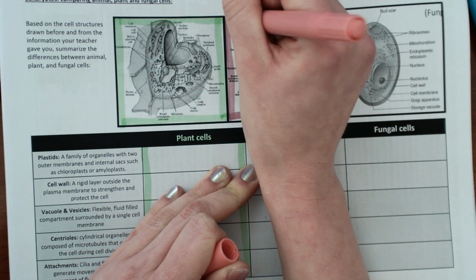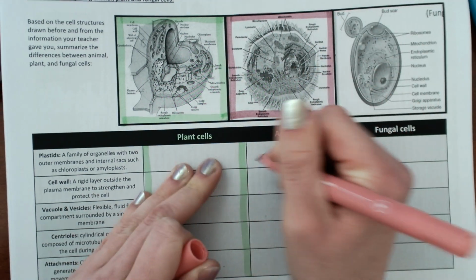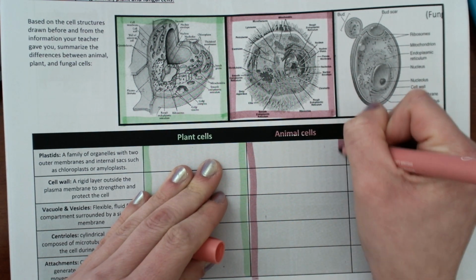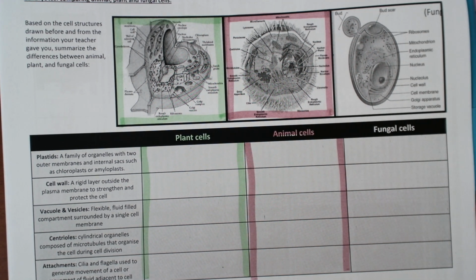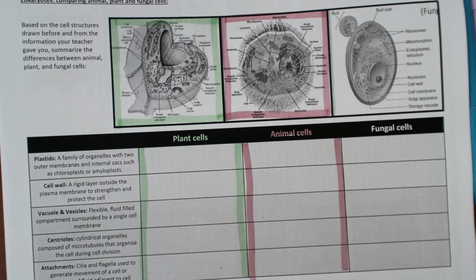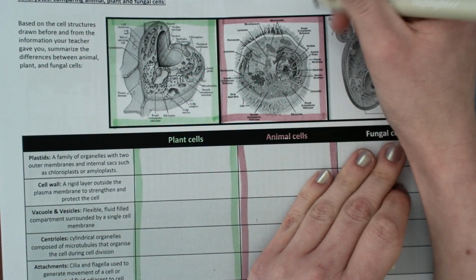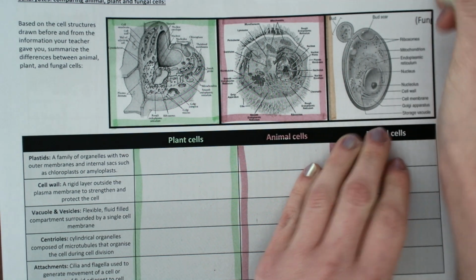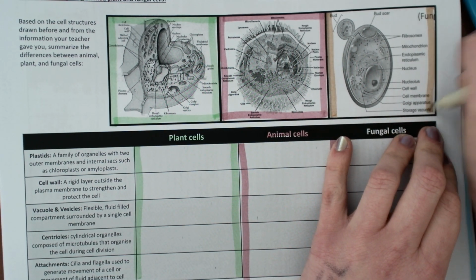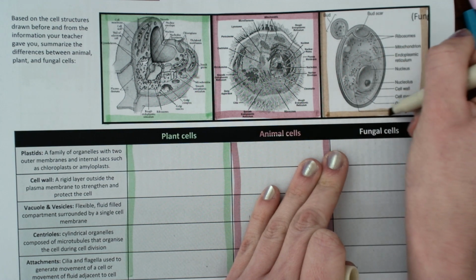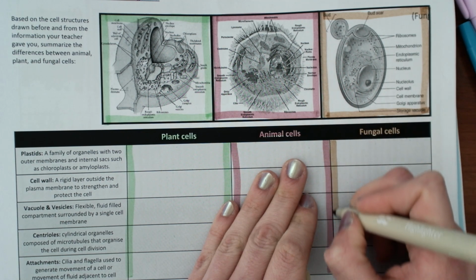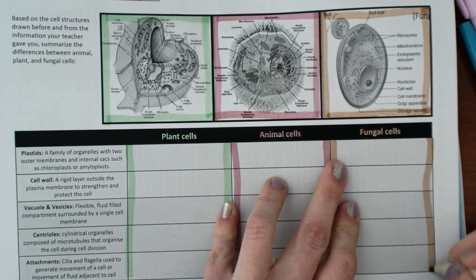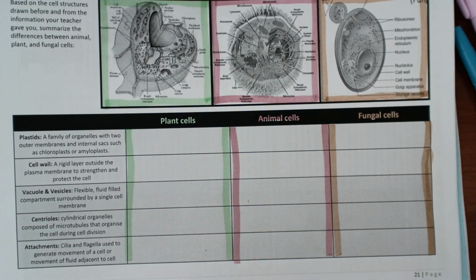And then fungal cell. I don't know what color a fungal cell should be. They'll be brown. They're giving brown vibes, like a mushroom. Beautiful. Wonderful. Alrighty.